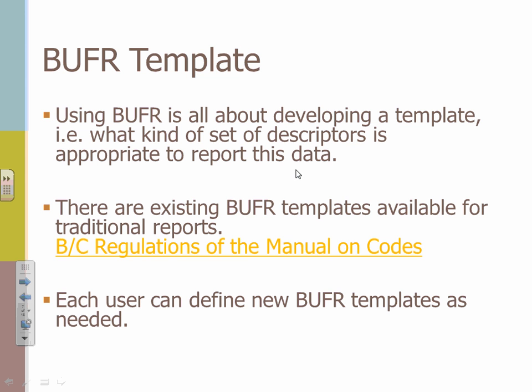What I'm saying is, what kind of set of descriptors is appropriate to report the data you have? To repeat, besides the buffer templates available for traditional reports, each user can define new buffer templates as needed. This is the most important thing about TDCF. So not only can you use the existing templates, you can always define templates by yourselves.